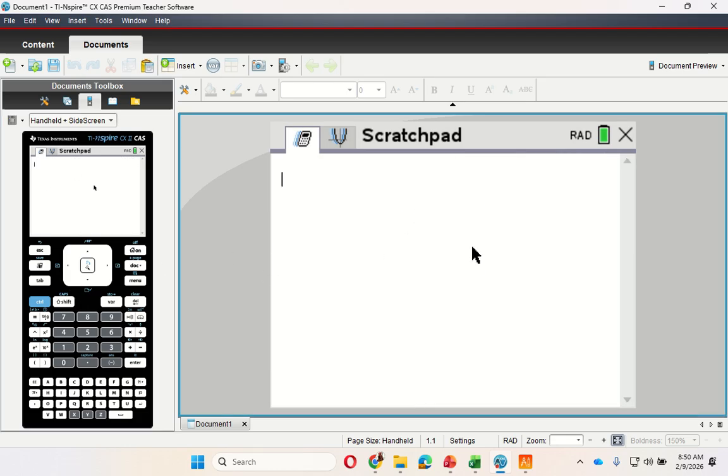So, on my scratch pad. And for those people that already have lost their calculator, you can borrow one of mine as long as you don't steal it.